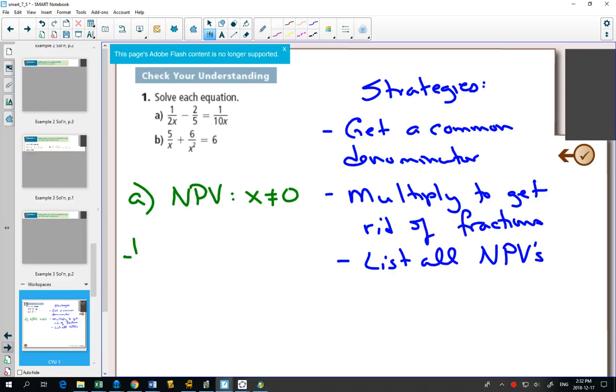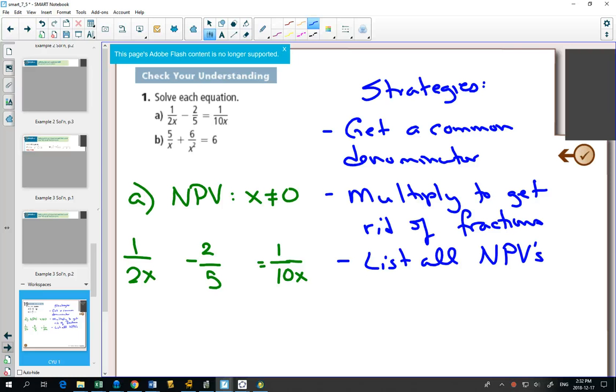I'm going to leave some space beside each fraction, because I'm going to look at that first strategy and say, what would be a common denominator for all 3 of these fractions? 2x, 5, and 10x. Okay? Well, if you look at just the numbers 2, 5, and 10, we could get them all to be the same with a 10.